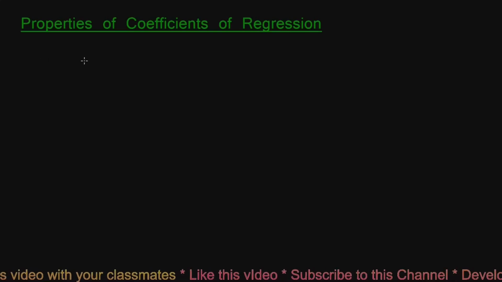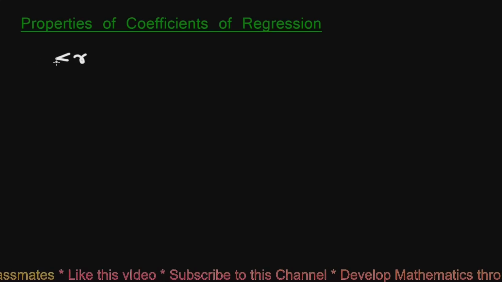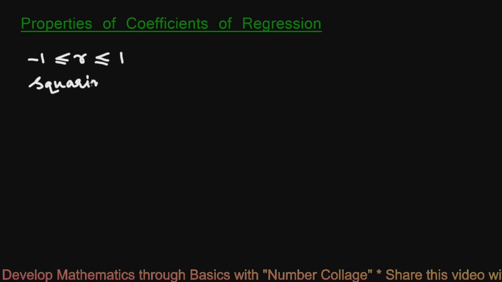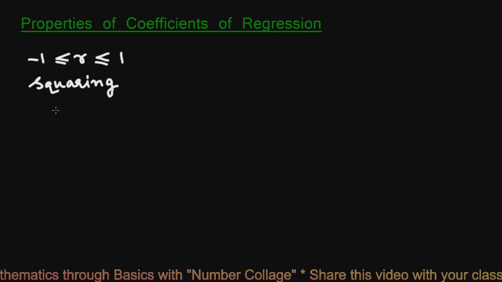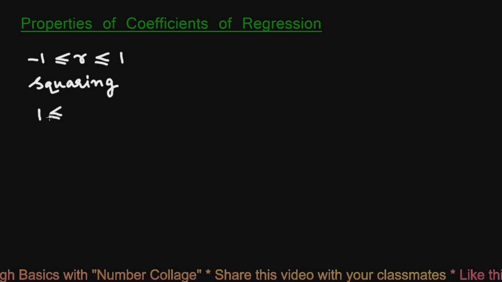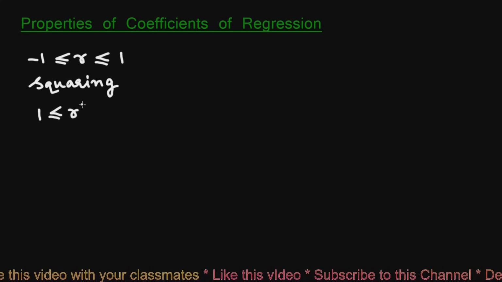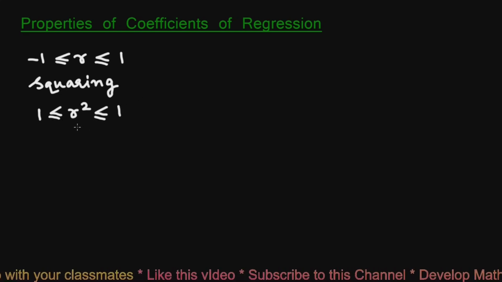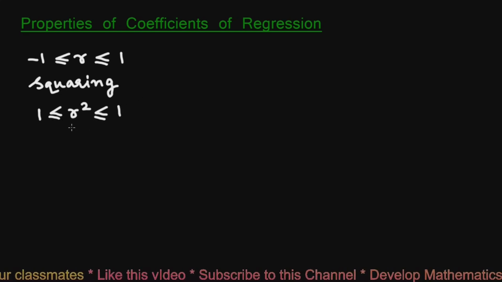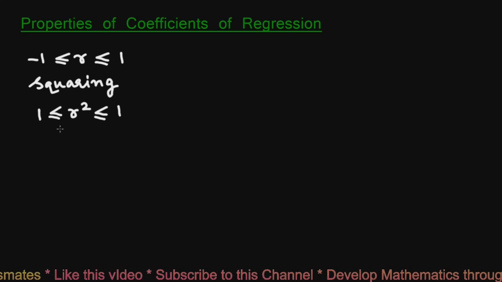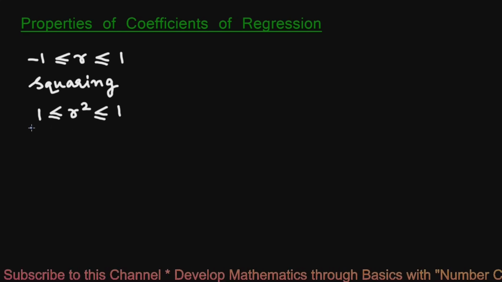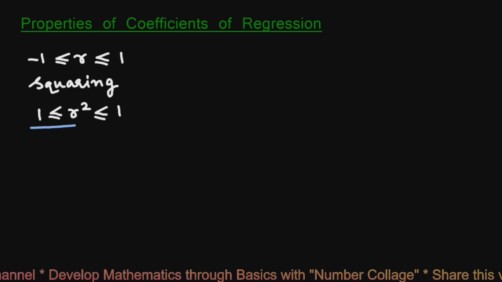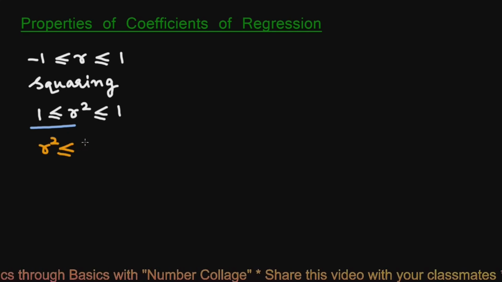We know that coefficient of correlation lies between -1 and +1. Squaring this expression, we get 0 less than or equal to r square less than or equal to 1. Since r is a proper fraction, its square will also be a proper fraction. Hence, r square cannot be greater than 1. So finally, what we get is r square less than or equal to 1.